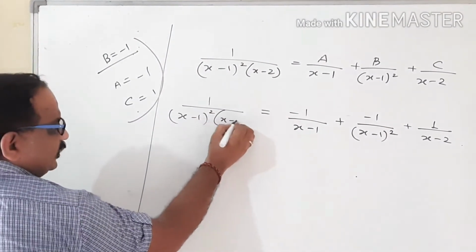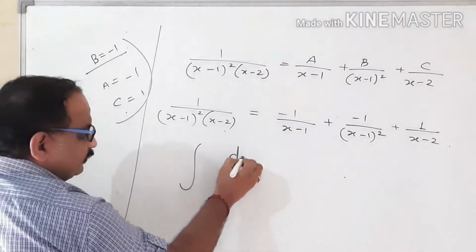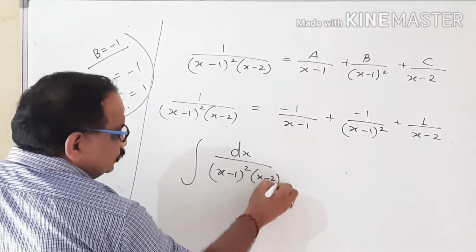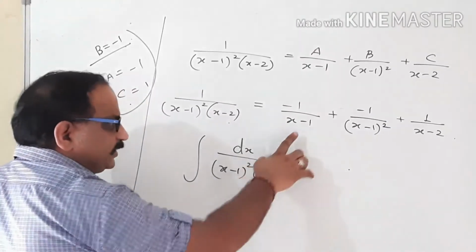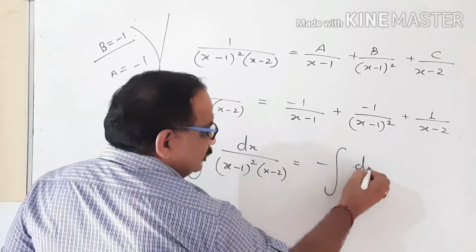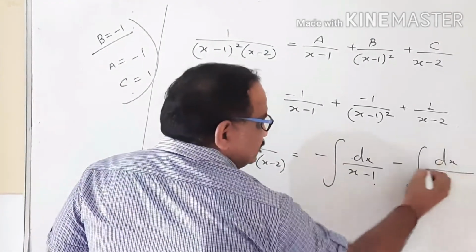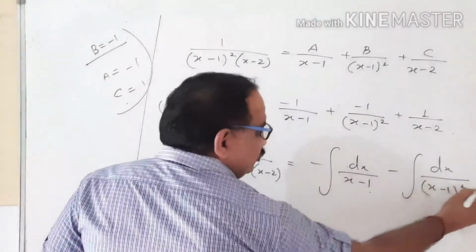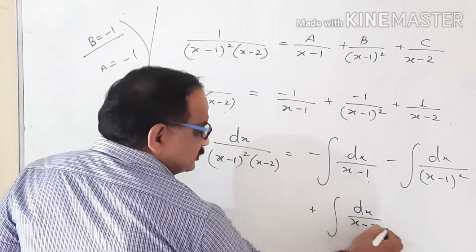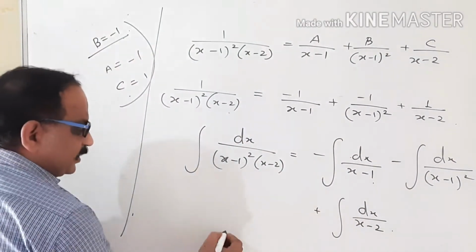Now further, we are proceeding for integration. If I have to do integration of that part, (x minus 1) square and (x minus 2), then what should I do? I should integrate all of these components parallelly. So there is minus out, here is dx upon x minus 1, minus out, here is dx upon (x minus 1) whole square, and finally here is dx upon x minus 2. Now all the components are integrable easily, and we can conclude our result.